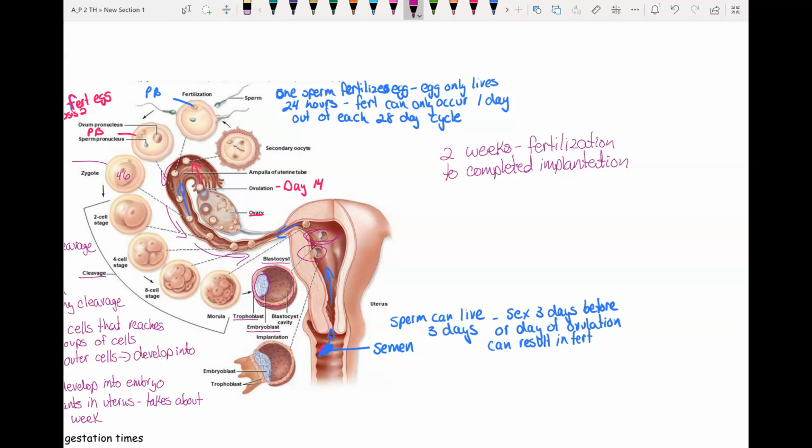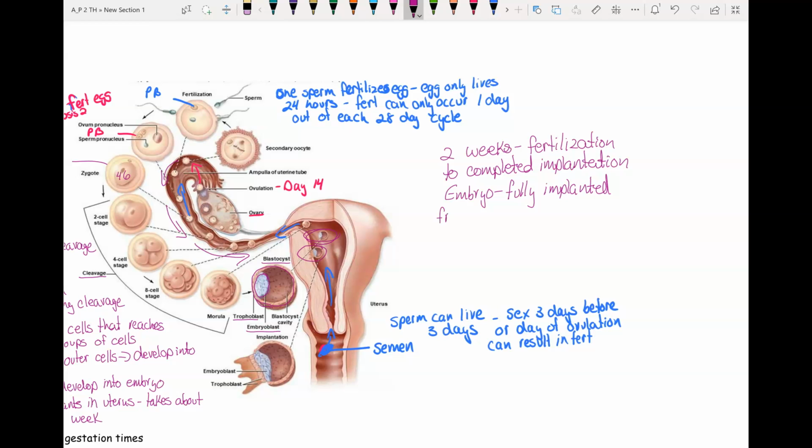Once it's fully implanted, then it's called an embryo. Before this time, it can either be called pre-embryo or conceptus.